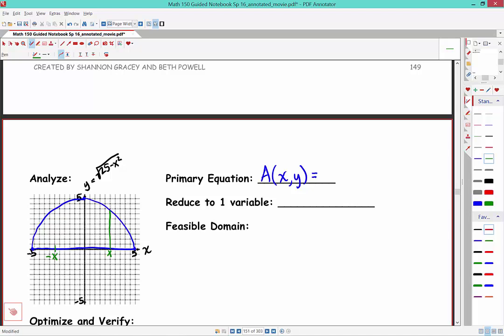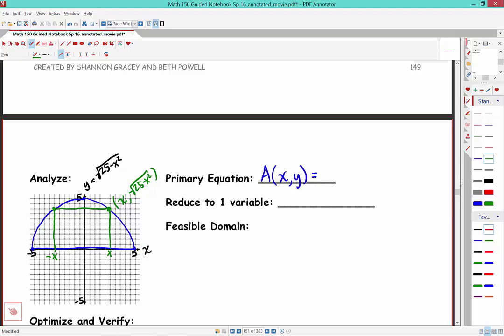The rectangle would look like this. And our job is to figure out where this happens. So these ordered pairs here would be x comma y, but y is root 25 minus x squared.